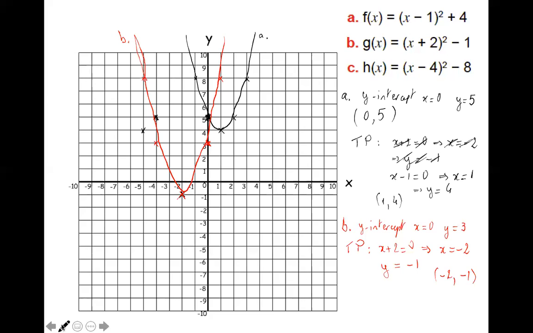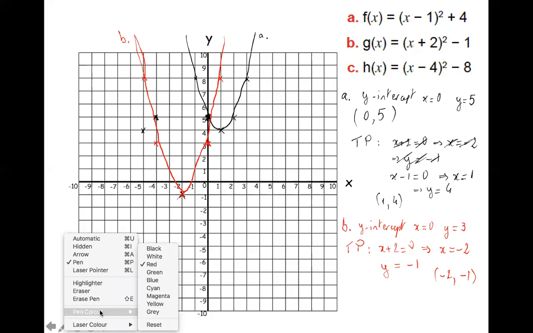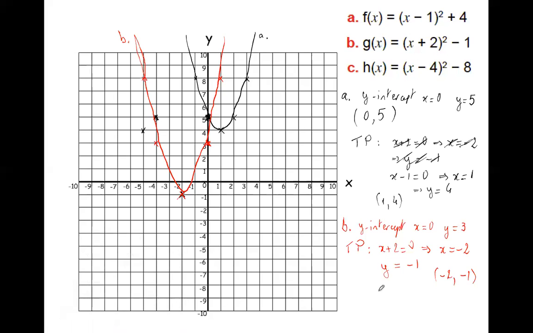And C, let's do that in blue. Intercept 0, negative 4 squared, that's 16. 16 minus 8 is 8. So 0 and 8.